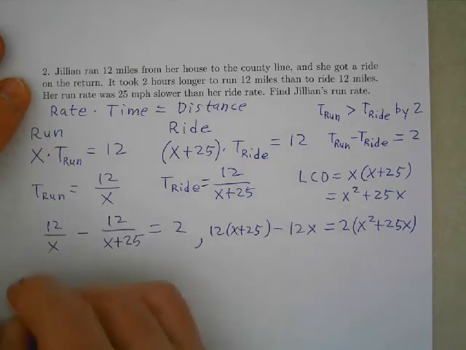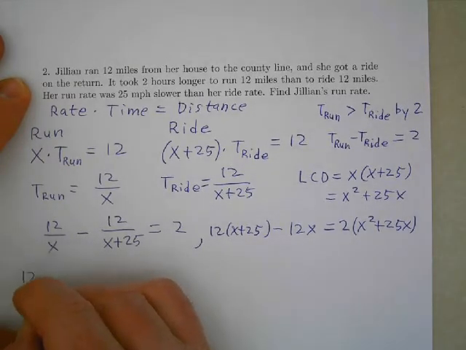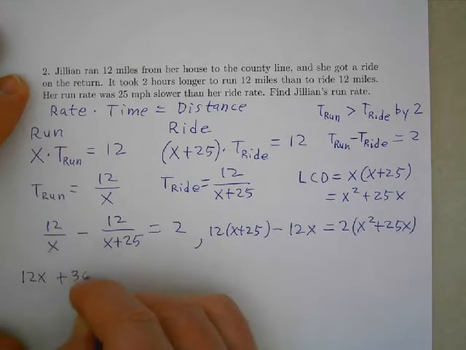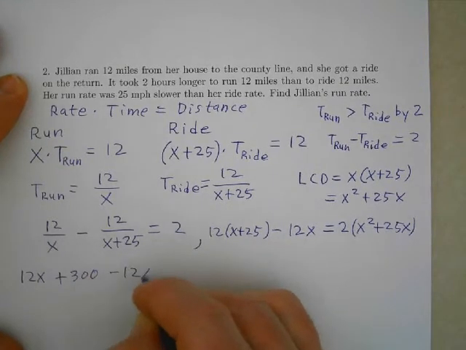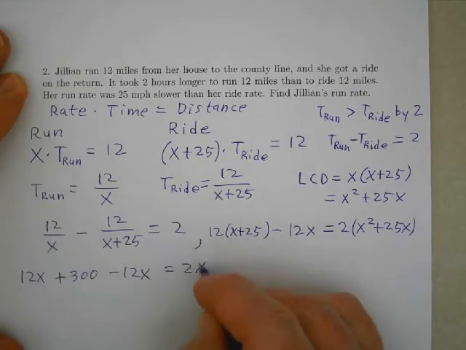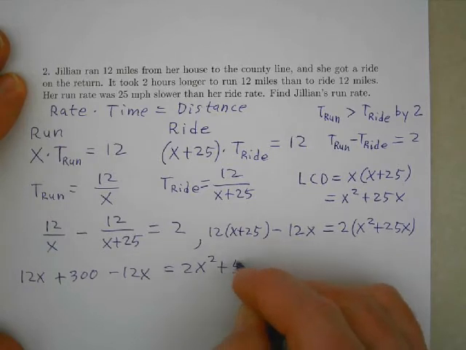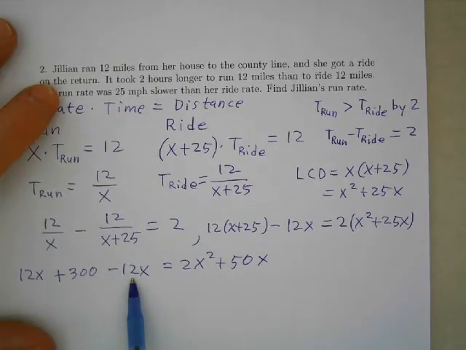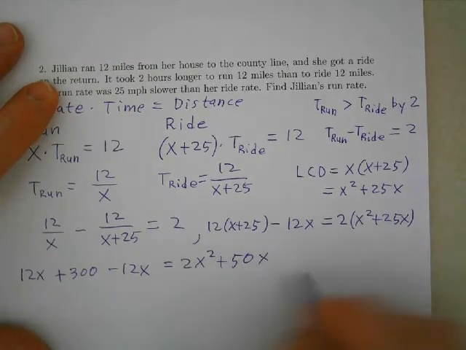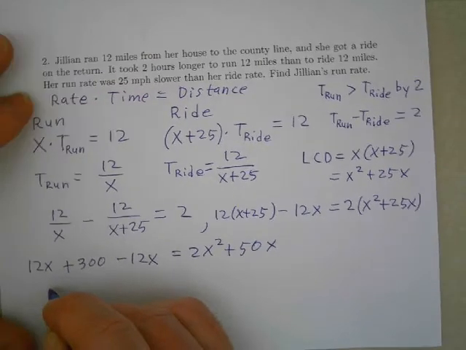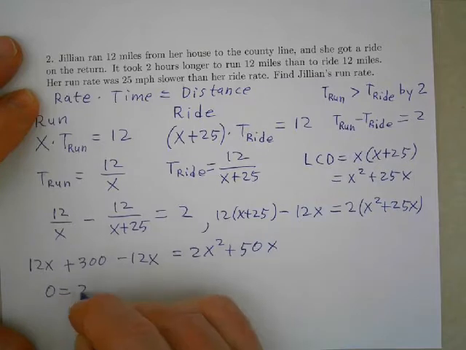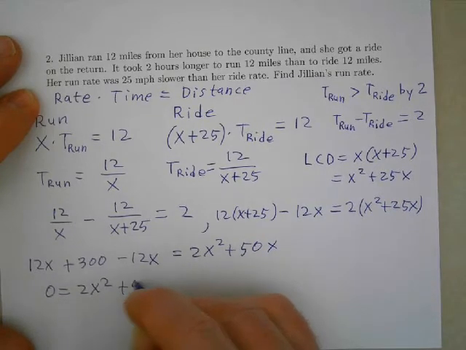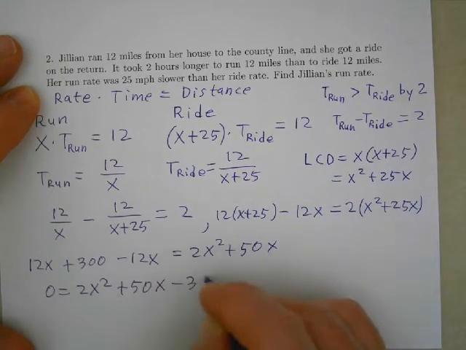Okay, so we'll do the multiplication. 12 times x plus 25 is 12x plus 300, and then minus 12x equals 2x squared plus 50x. The 12x minus 12x, those cancel each other out. So we'll subtract 300 from both sides to get 0 equals 2x squared plus 50x minus 300.